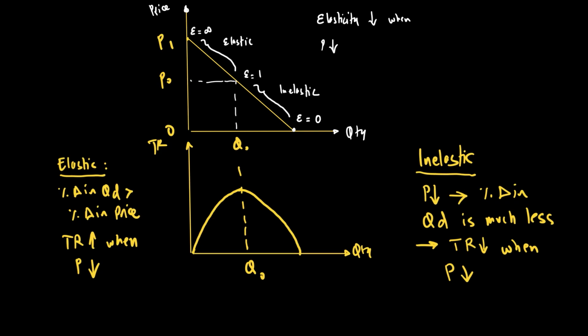So where is total revenue maximum? The answer is right in the middle, when the elasticity is equal to 1, at price P naught. So if your goal is to maximize total revenue, you should produce at the quantity Q naught.